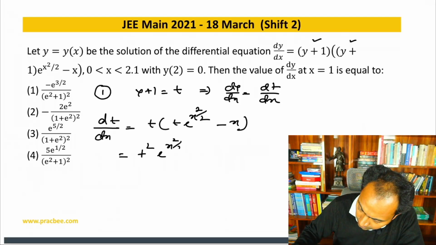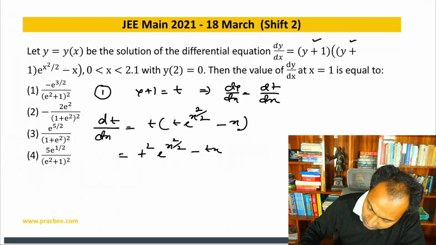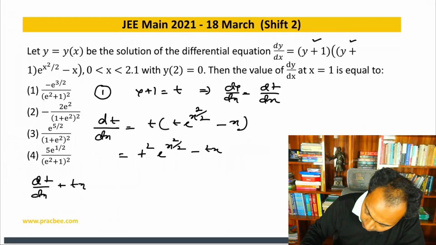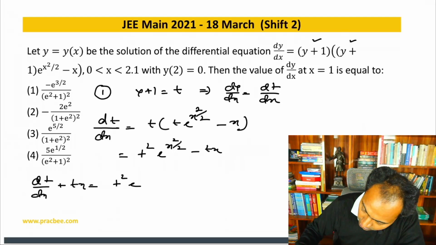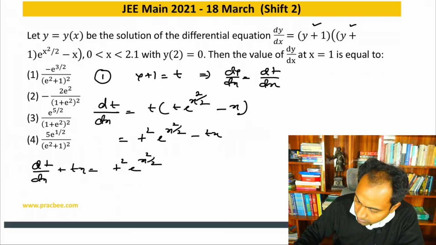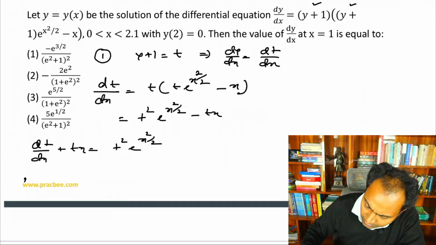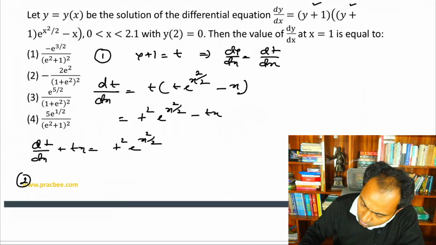the Bernoulli's equation would be self-evident. So it will become dt by dx plus xt is equal to t square e raised to the power x square by 2. Now in the next step, as we always do, we'll divide by t square.